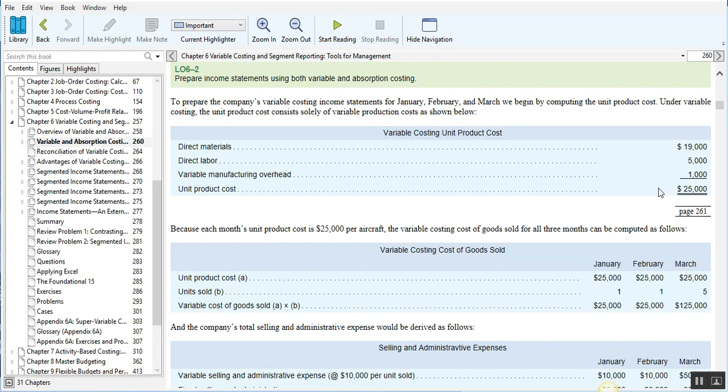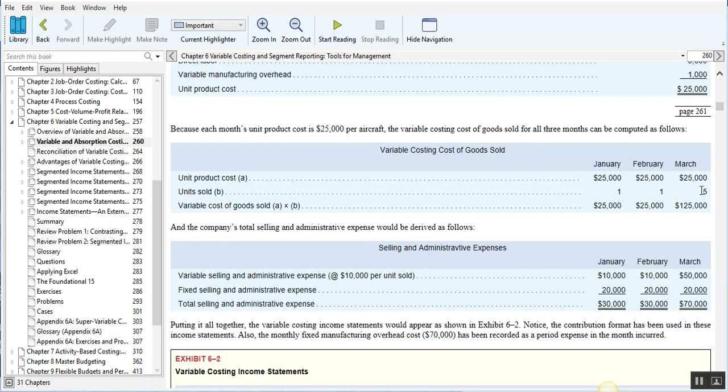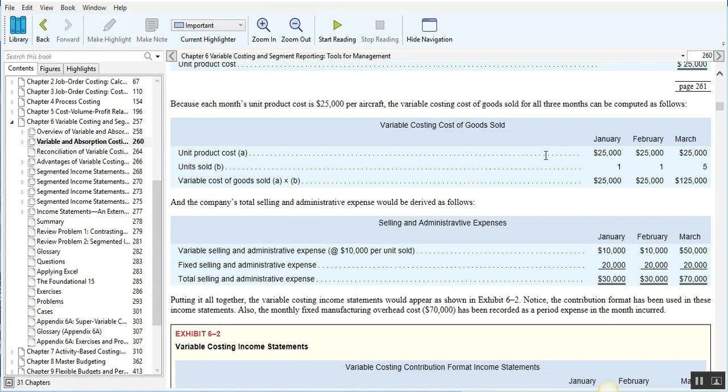So that means we have a total unit product cost of $25,000. It's going to cost $25,000 in variable cost to produce an aircraft. Now, if we use this as cost of goods sold, we recognize the unit product cost in January is $25,000 because we sold 1 unit then.